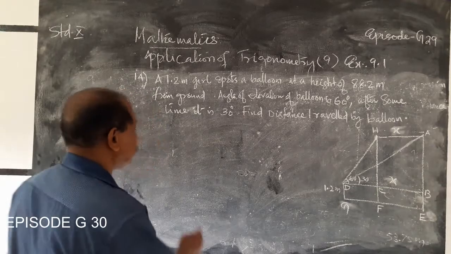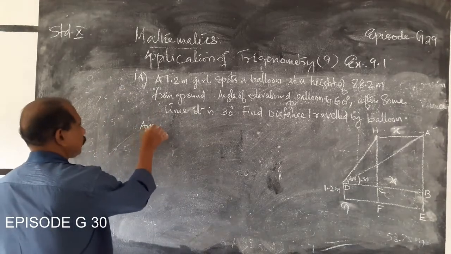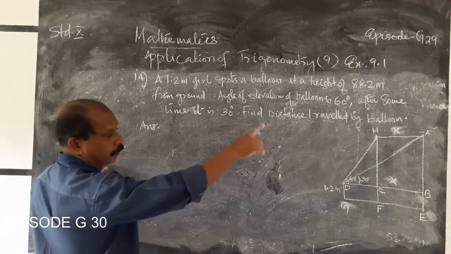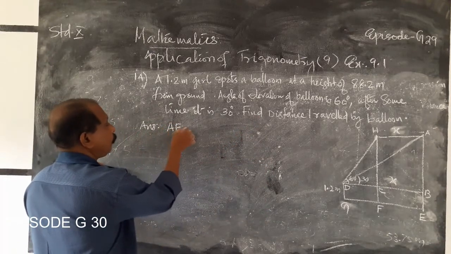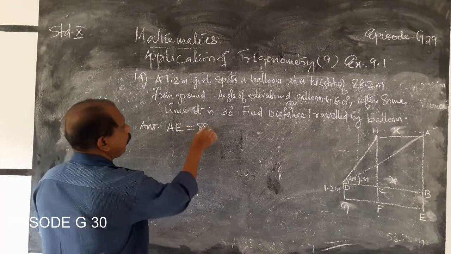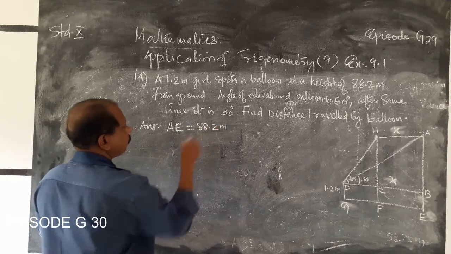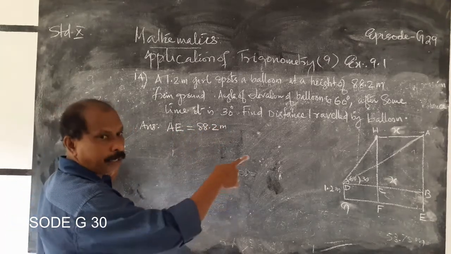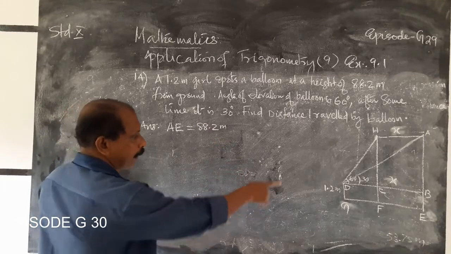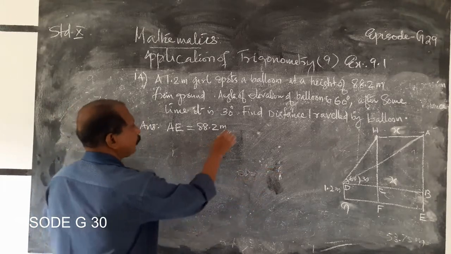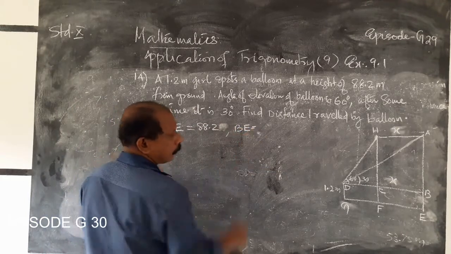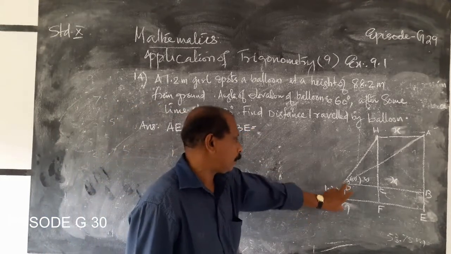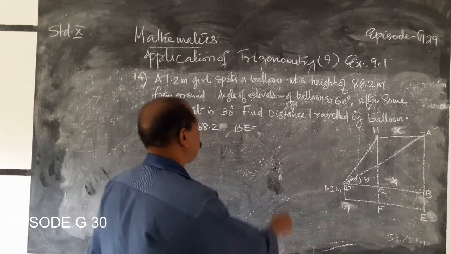So the answer is, we know that A is the height of the balloon from the ground. It is 88.2 meters. The height BE is the same as BG, that is the height of the girl, which is 1.2.